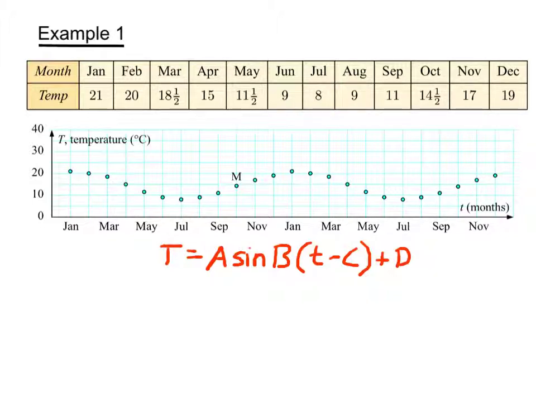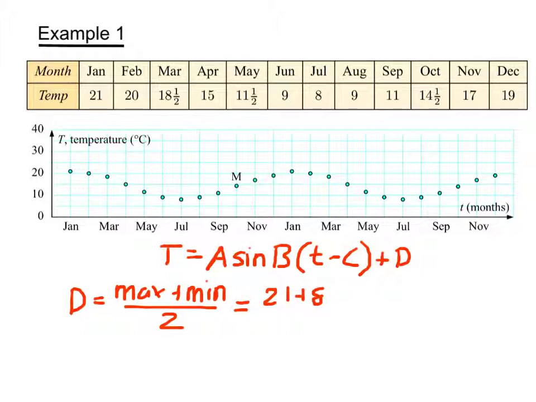So I know my max and I know my min, therefore I can find D. D is max plus min over 2. So D is simply 21 plus 8 over 2, which is 14.5.